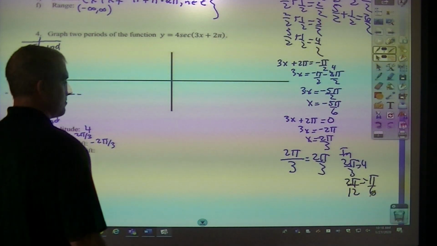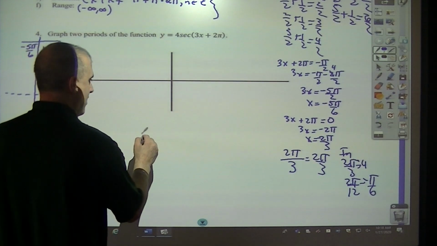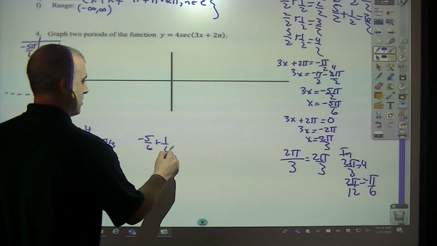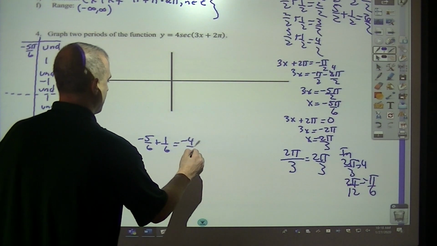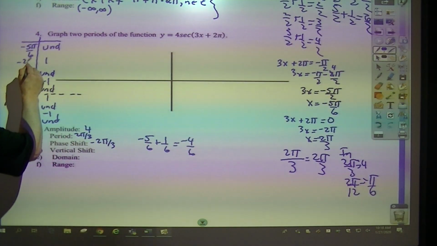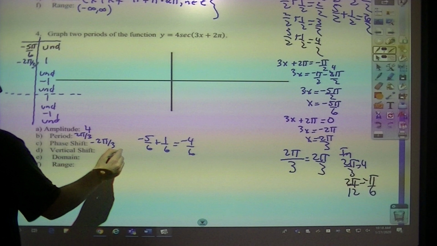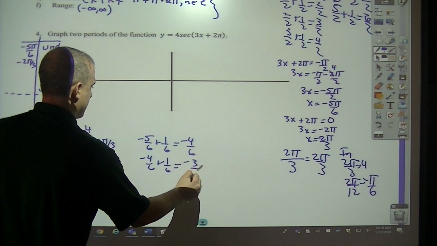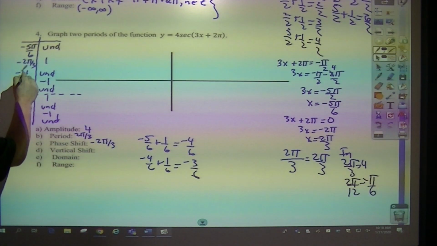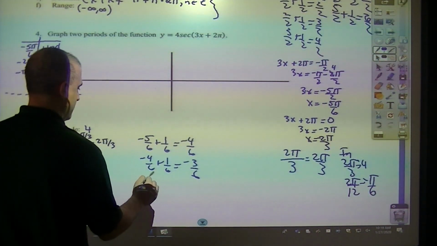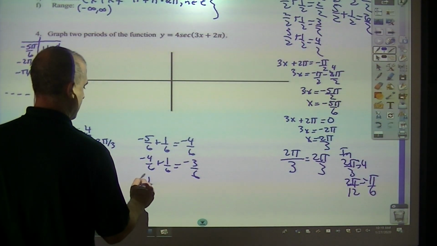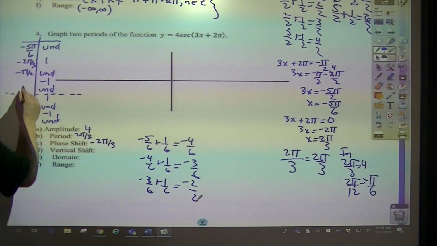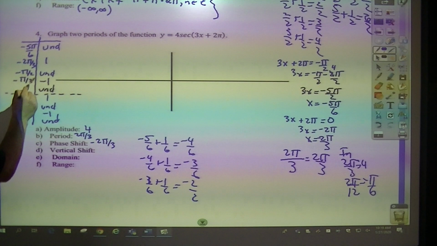To figure that out, I would start at negative 5 over 6 plus 1/6, which is negative 4/6 or negative 2/3. Negative 4/6 plus 1/6 is negative 3/6 or negative 1/2. Negative 3/6 plus 1/6 is negative 2/6 or negative pi over 3.